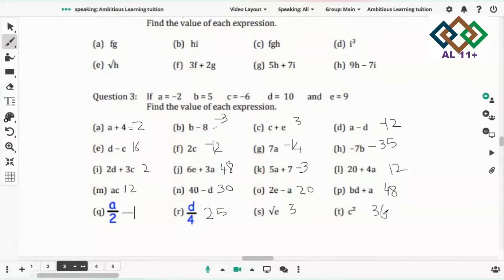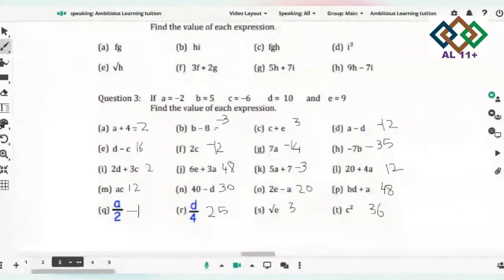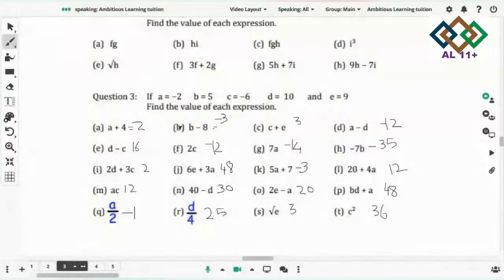So I've put all the answers for you all, so you know how to do it. So we can move on to the next sheet now. I hope you all can see the answers for this sheet. So we'll move on to the next one now.